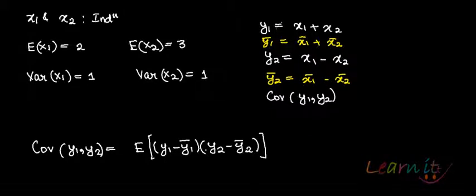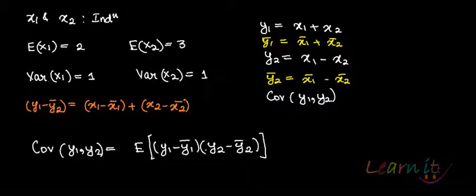What is y1 minus y1 bar? You can just subtract y1 bar from y1 here. You'll get x1 minus x1 bar plus x2 minus x2 bar.